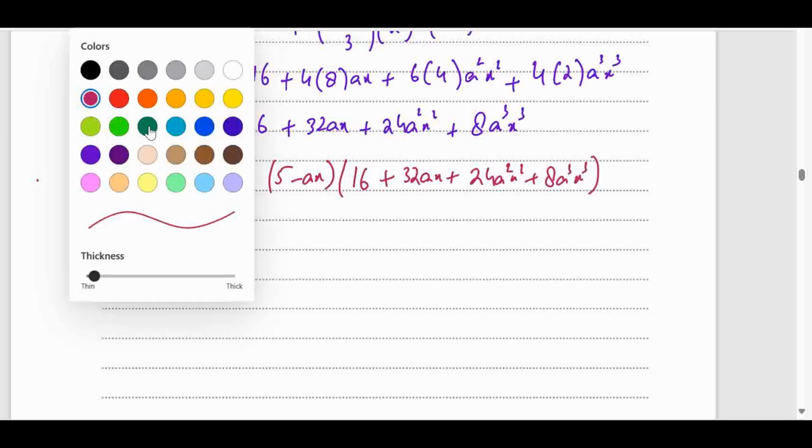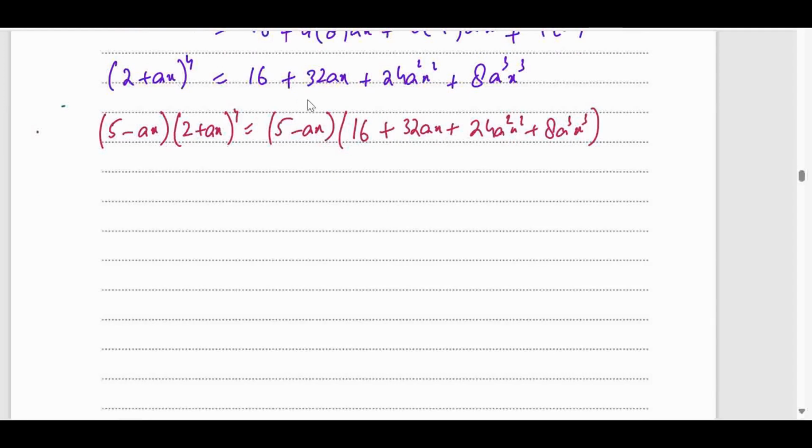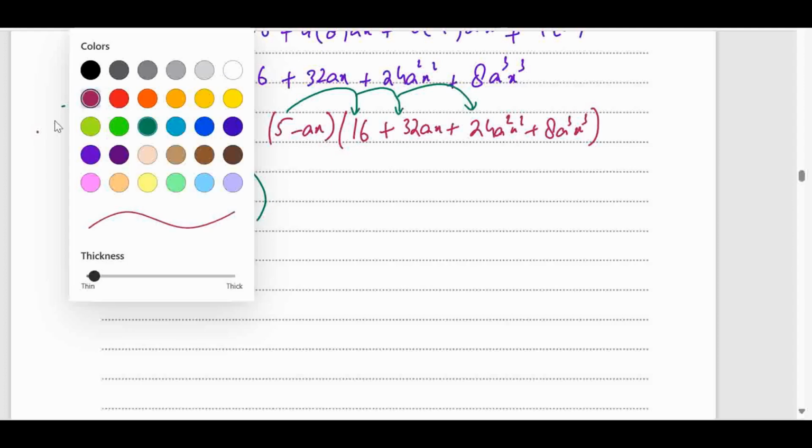We are interested in the coefficient of x cube. If we multiply 5 with 16, 32ax, or 24 a square x square, it won't give us x cube. But if we multiply 5 with 8a cube x cube, it will give us x cube.